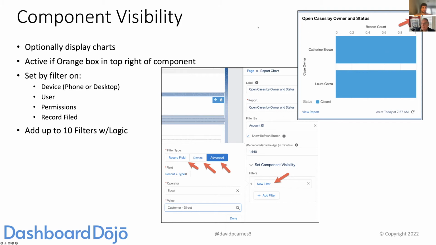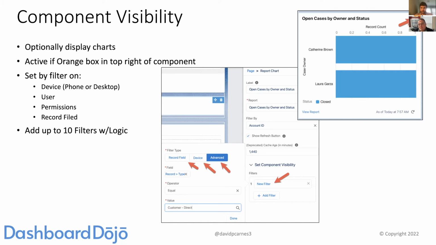When you're editing the page layouts, the key giveaway that component visibility is in place is you see the orange box in the top right corner with a little eyeball. This is telling you that not everybody will see this, that there is some form of component visibility applied. So again, we can optionally display report charts. We can optionally display dashboards.